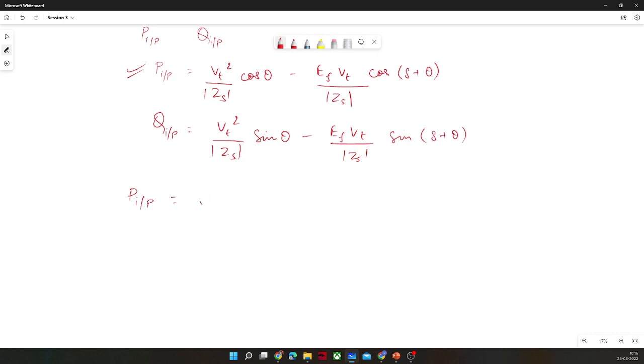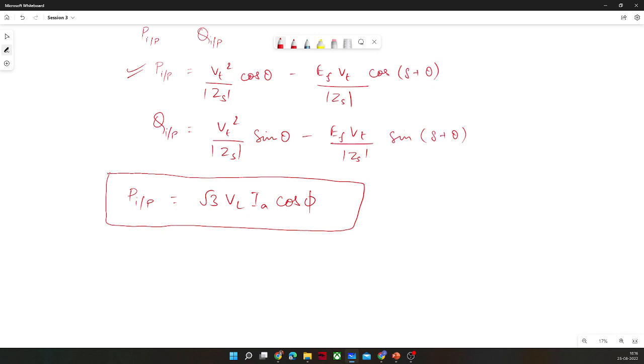P input is equal to root 3 VL IA cos phi. I can write it like that. Any input power to any circuit, you can write. This is another formula of input. This is one, this is another. So you have to wisely choose where you want to use which.